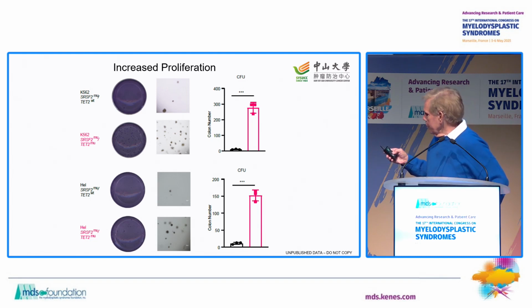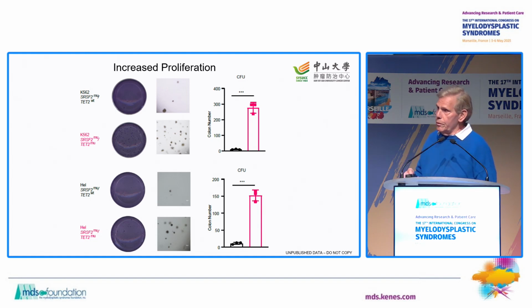So, for example, this is the CFU colony formation when you have a wild type TET2. But when you have the mutated TET2, you have this markedly increased number. So that's this column compared to this column. And this is just HEL cells, showing exactly the same phenomenon.